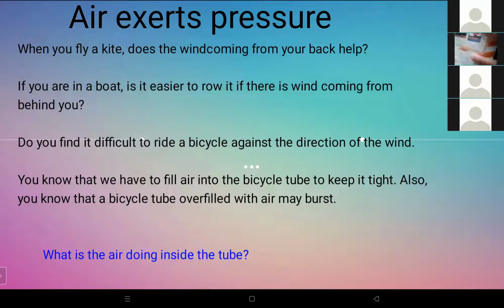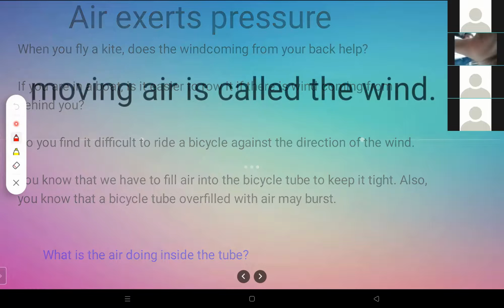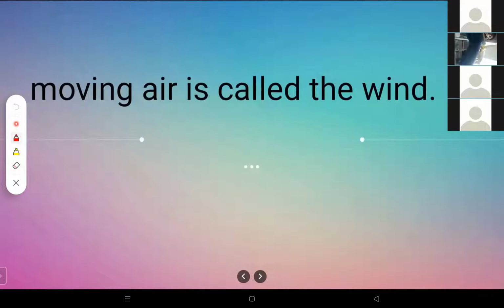Yeah, right? So by all these examples, I can prove that air exerts pressure. True or false? True. Okay. Then what is wind? Moving air is known as wind.